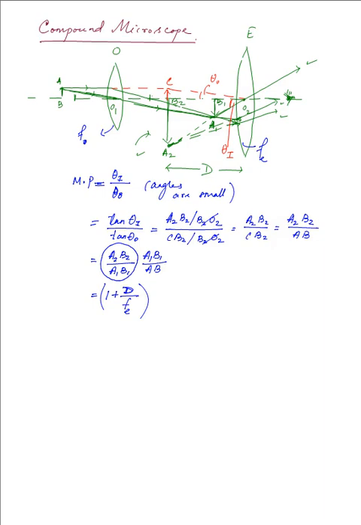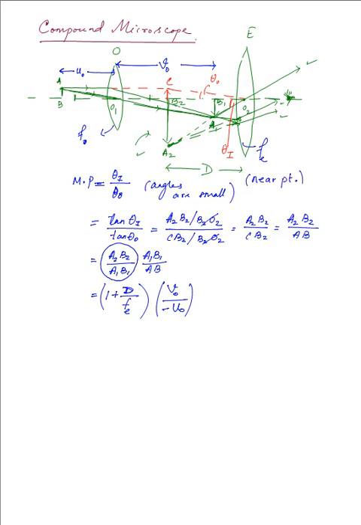And then for A1B1, what we know is that that is the image distance in case of the objective. So I take that as VO, which will be positive in terms of sign convention because that's on the right hand side of the objective. And A1 and AB, as we know it, is the object distance UO, and that can be taken as negative. So this is negative of UO. So this is going to be the magnifying power in case of the compound microscope for the image obtained at the near point. So this is D, that is the near point.